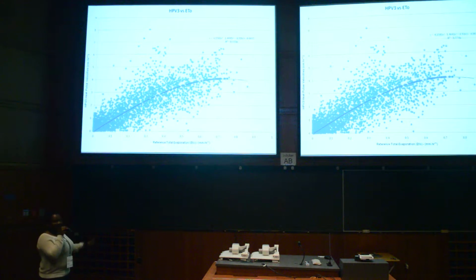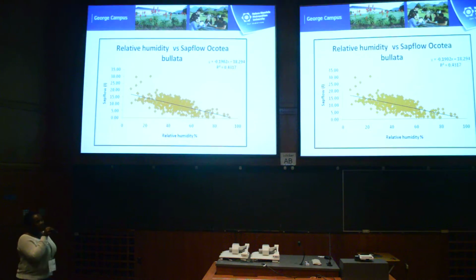Very varied data. I'm still trying to normalize the data and get a proper model, and trying to remove some of the stuff that's just noise. And yeah, we're getting good correlations with actual sap flow and weather variables.